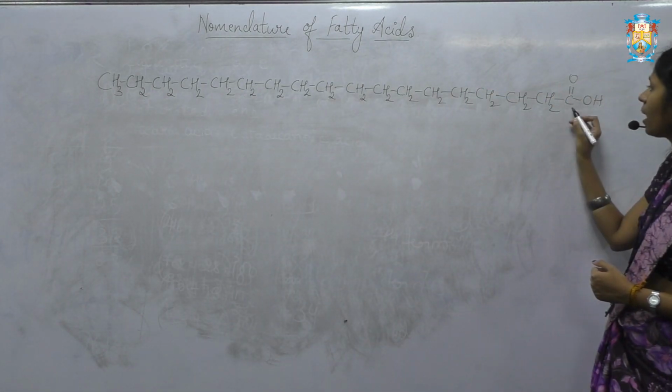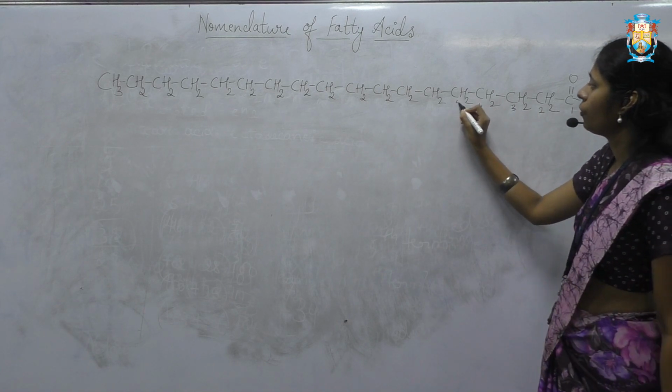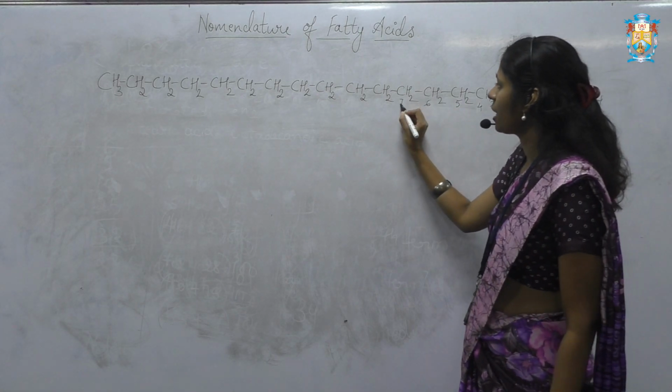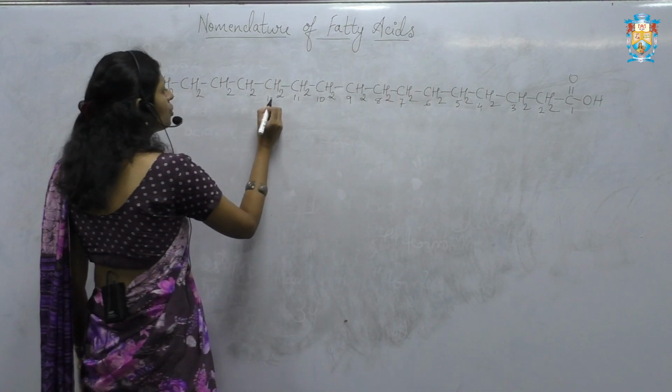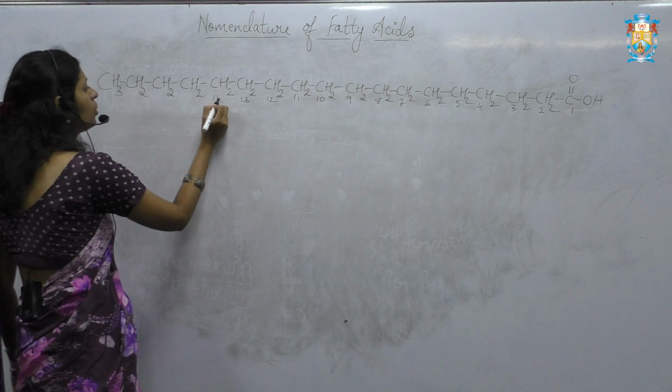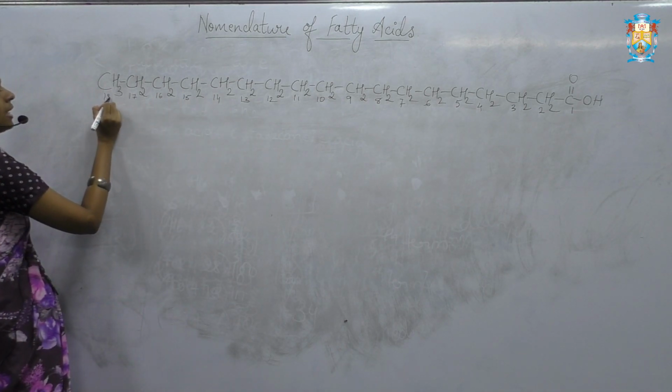So we can see here, I just write it 1, 2, 3, 4, 5, 6, 7, 8, 9, 10, 11, 12, 13, 14, 15, 16, 17 and 18.